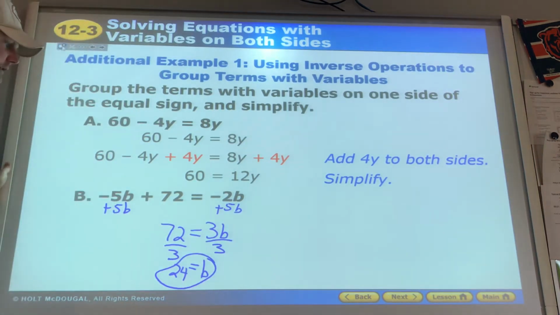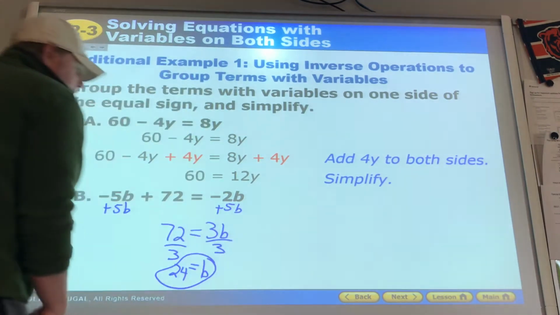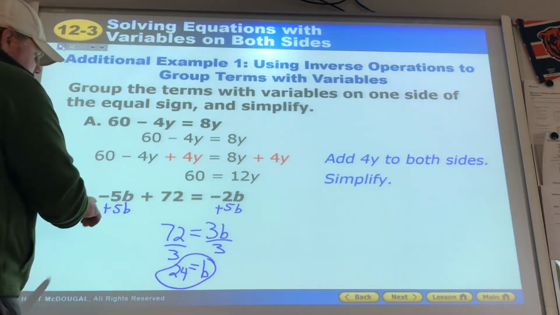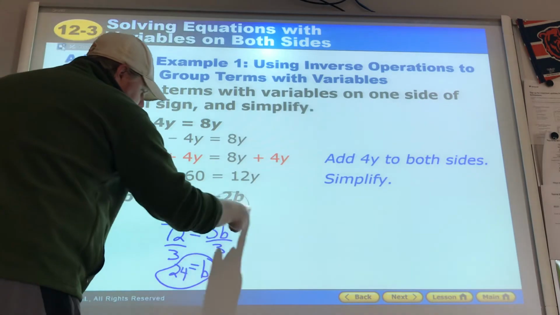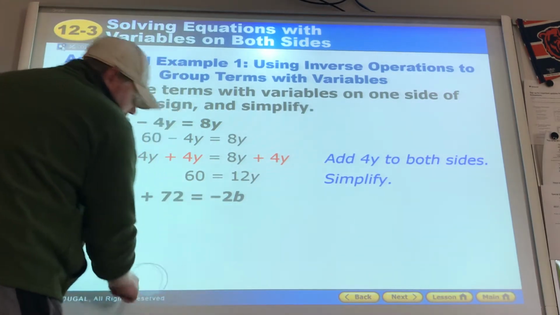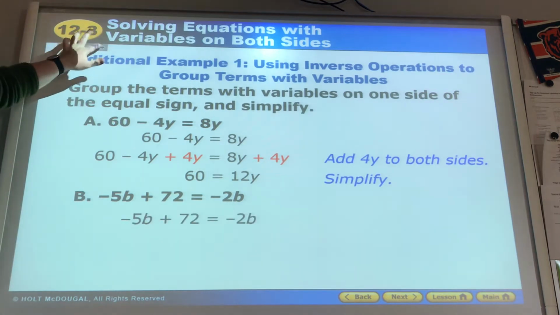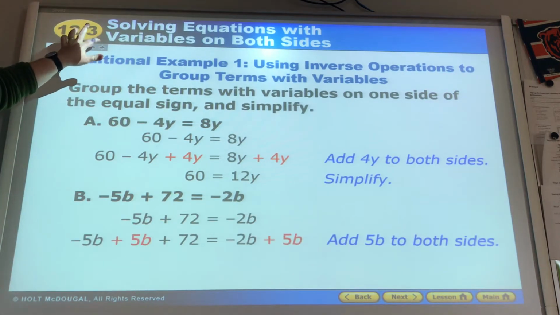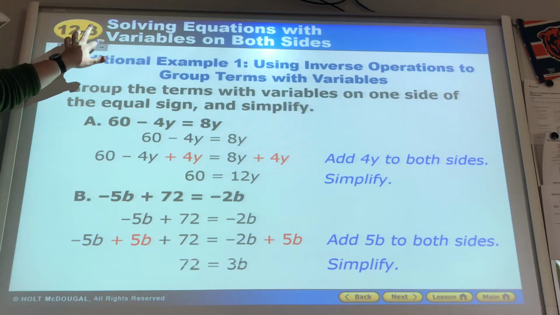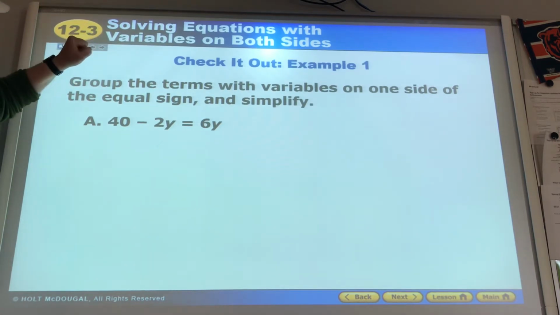Sorry for the ugly handwriting. It is the same process. Now we just want to look and get all terms that are alike, no matter where they are, together with one another, and then we're ready to do our math. So we add the 5b to both sides, simplify, 72 equals 3b, and away we go.